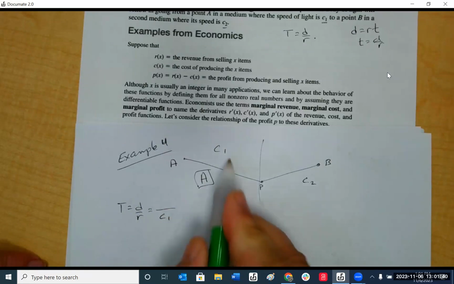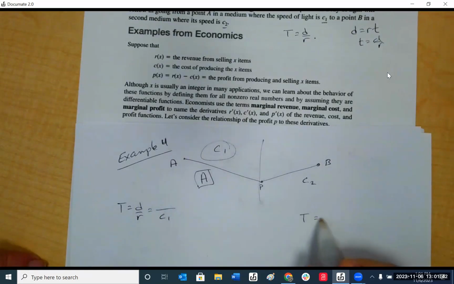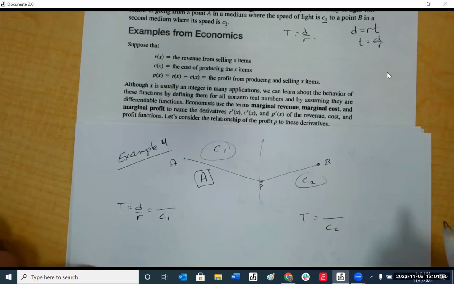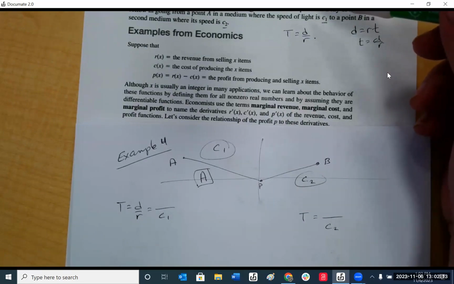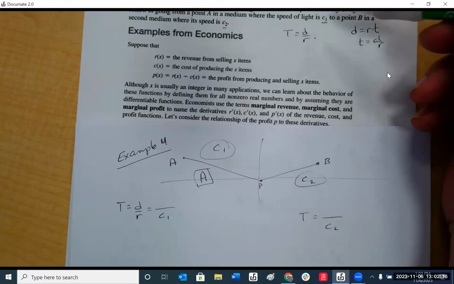The rate in this first one is that one. The rate in the second one is that one.